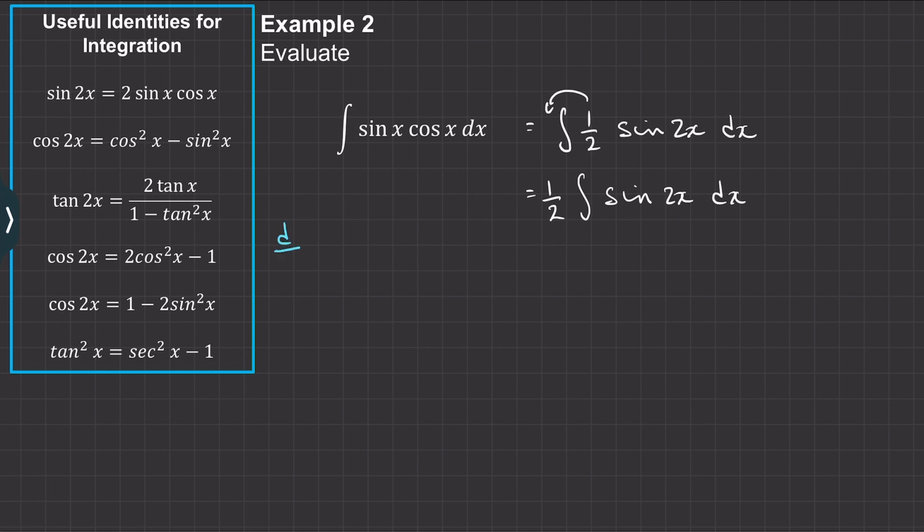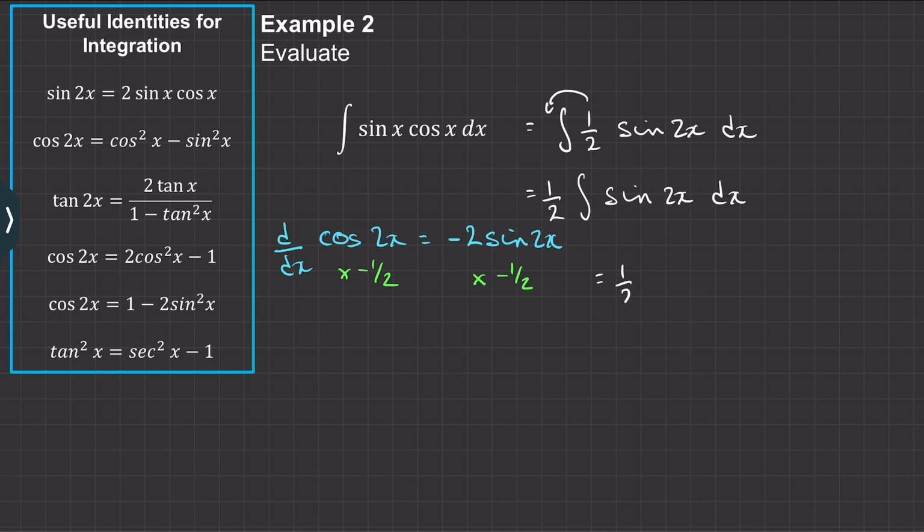So we know the derivative of cos 2x will be equal to -2 sine 2x. We'll multiply both sides by -1/2. So now we know the integral of sine 2x will be -1/2 cos 2x.